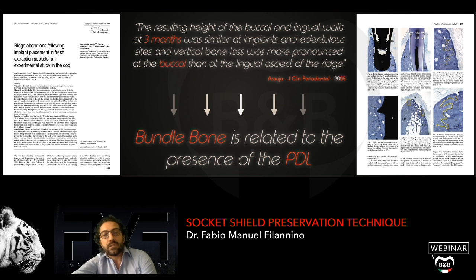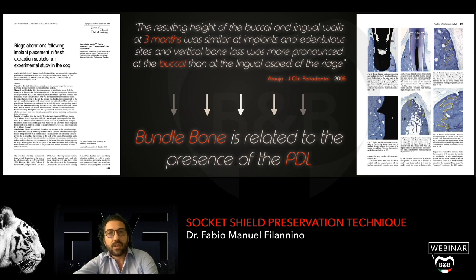Why do we have this situation? From Araújo and Lindhe, 2005, we know that the bundle bone is strictly related to the presence of the PDL. They did a histologic study in dogs and saw that when we extract a root and insert an implant or don't insert the implant, the difference in 3 months is that we always have a crestal resorption, a huge horizontal resorption and a little vertical resorption.